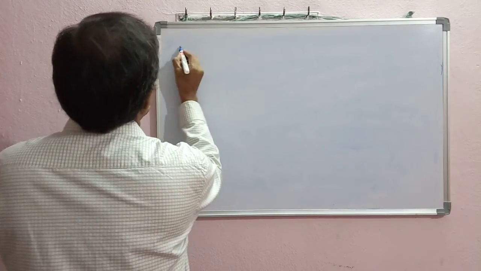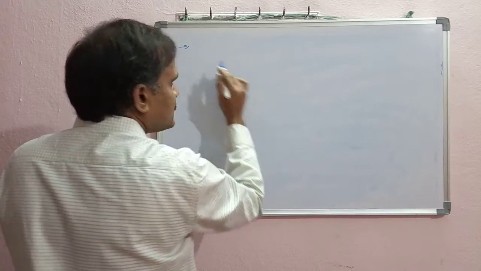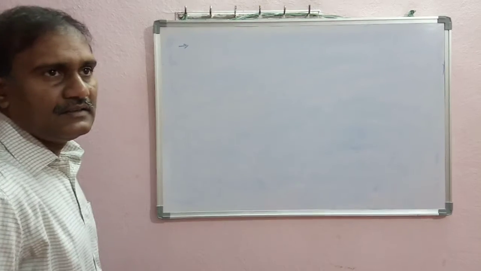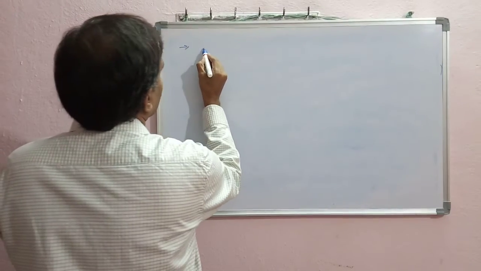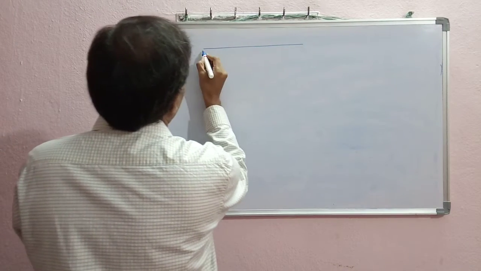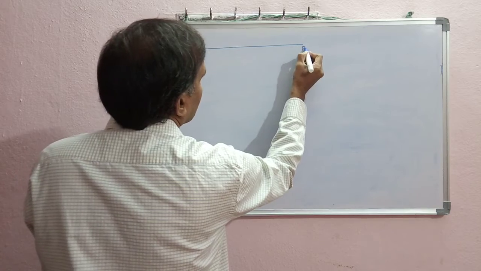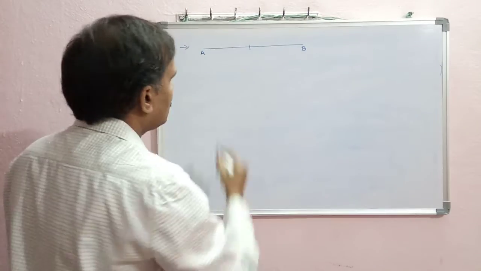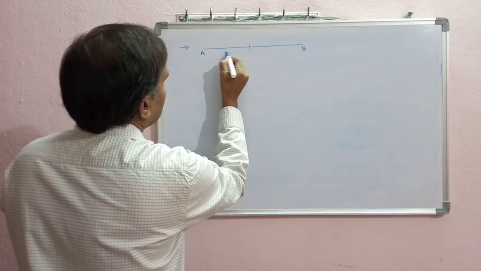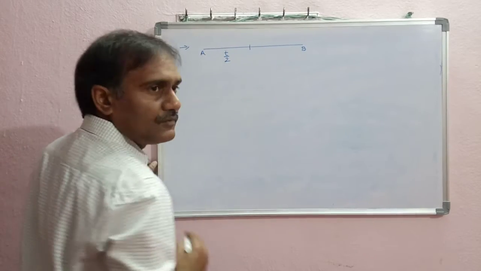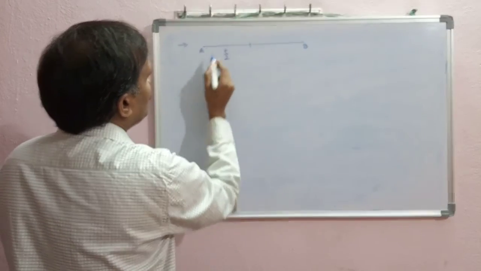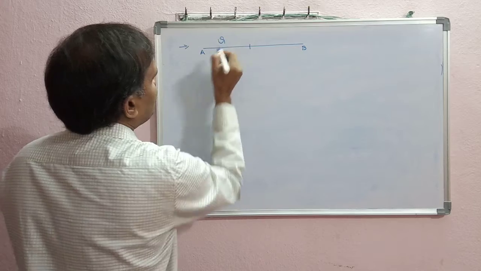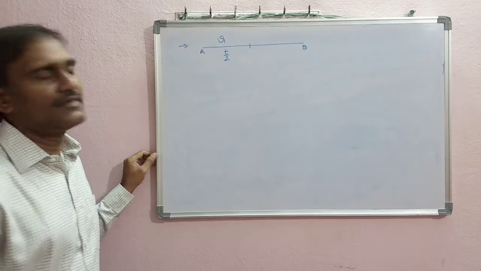Okay, next. A particle is moving along the same straight line A to B. First half of the time interval, t by 2, during this first half of the time interval, it is moving with the velocity V1.